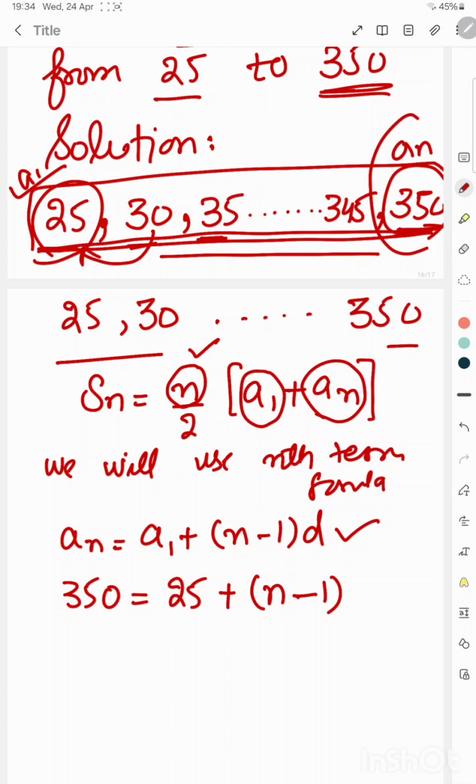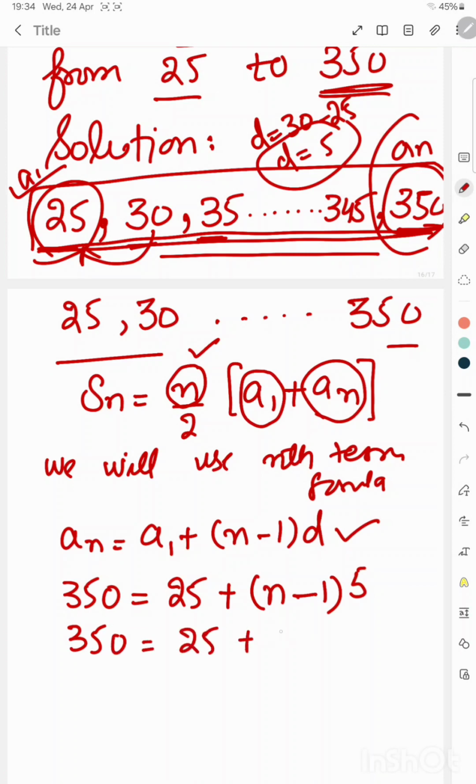So d is equal to, I will solve it for you here, 30 minus 25, which is equal to 5. So d is equal to 5. Put d equal to 5 here, and you just have to solve it. 350 is equal to 25 plus 5n minus 5, which is 25 minus 5 is equal to 20 plus 5n.